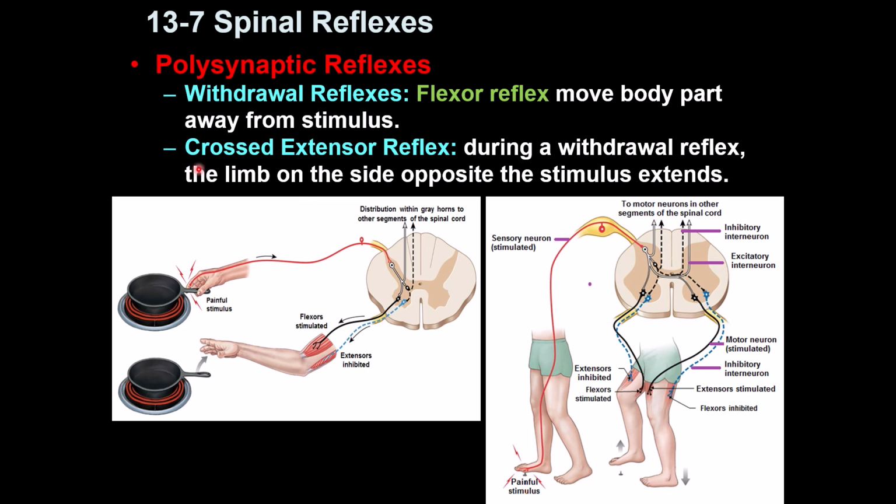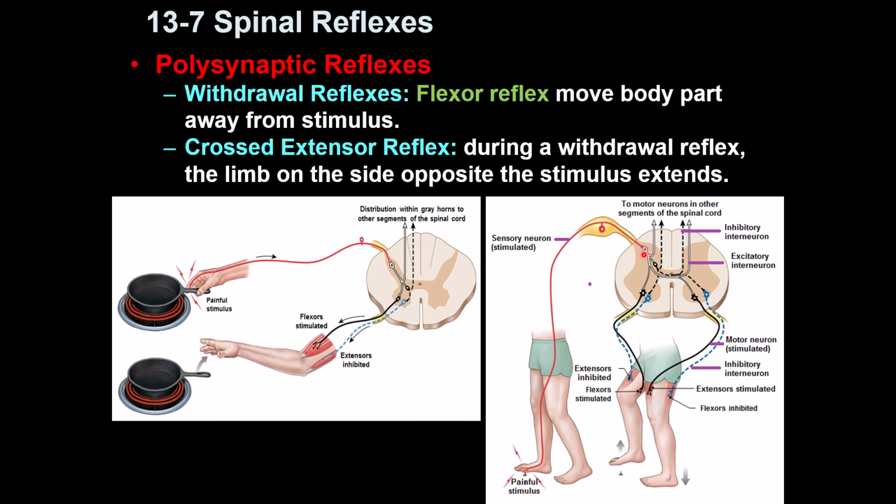And another example is called cross extensor reflex. Okay, so for that, let's talk about this leg first. This leg is extended, the knee is extended here, and you're putting your foot on something painful, and now you want to remove your foot because that's painful. So the information is sent to the spinal cord, same idea there.